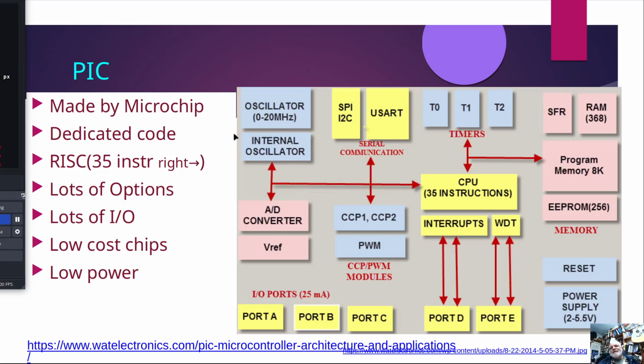They have probably easily over 100 different chips that you could choose from, and so they'll have different amounts of actual I/O and stuff. So you just have to pick the ones that have what you want. But they allow you to build a circuit relatively cheaply, and they have what they call a watchdog timer, which kind of helps in case something goes wrong. Lot of different features for these.